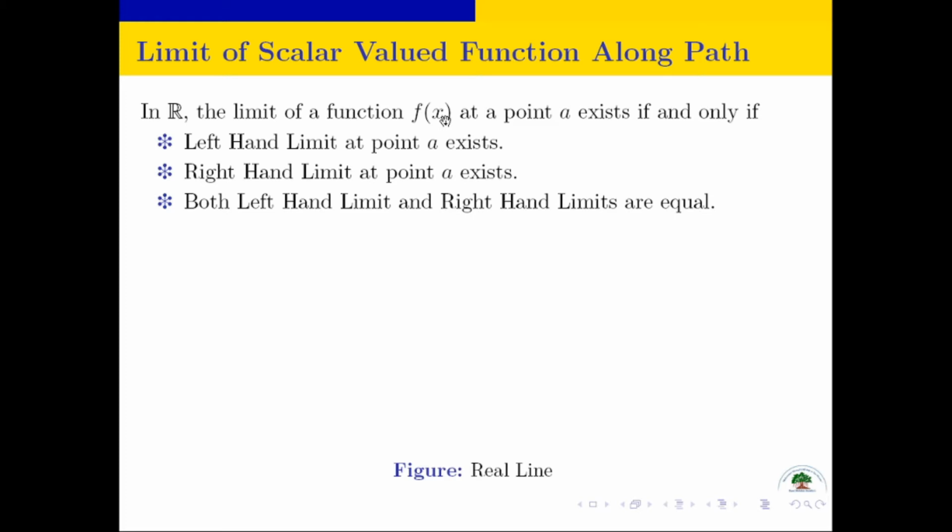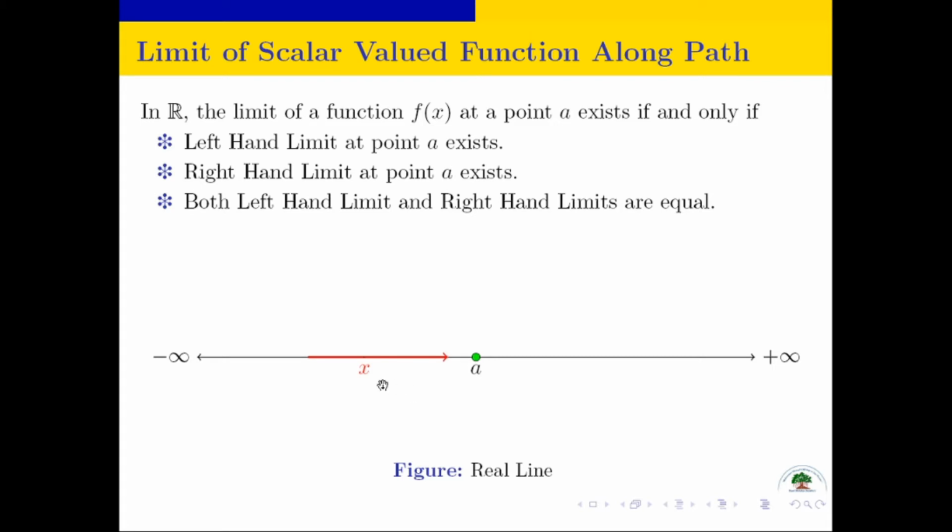If we see geometrically, we have a real line, and suppose a is a point here. When x approaches the point a towards the left hand side, we call it the left hand limit. So this is one way to approach towards a, from the left hand side on the real line.